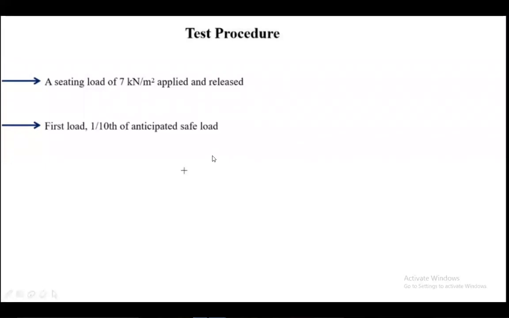The first load that you apply is equal to 1/10 of the 1000, that is 100 kilonewton. So your first load is 100 kilonewton. Afterward you keep on increasing the load by 20% of the safe load. The safe load is 1000, determine 20% of the 1000, then you keep on increasing the load. So 1/10 plus 20% plus 20% plus 20% plus 20%, you keep on increasing the load.